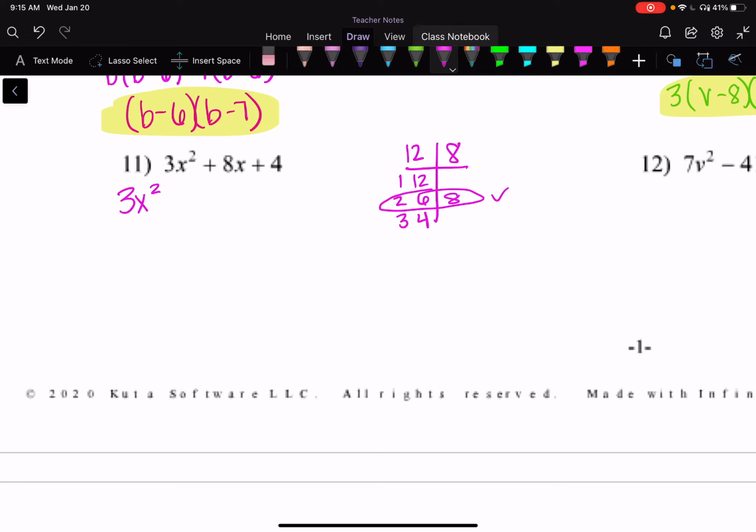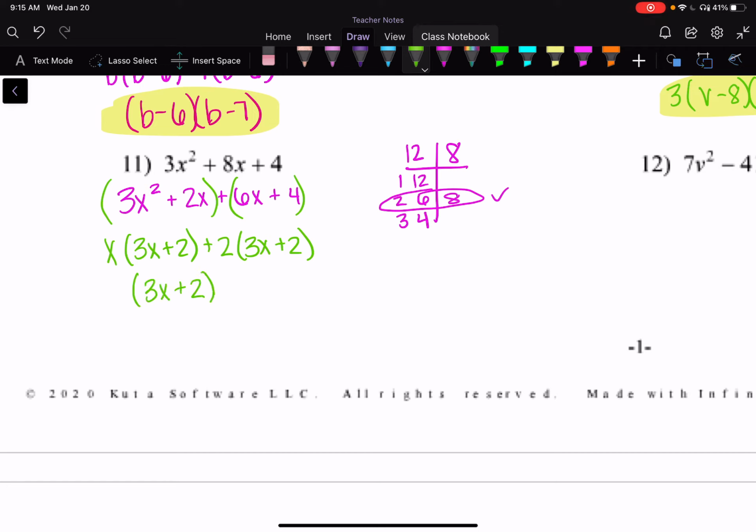3x squared, positive 2x, positive 6x, and plus 4. Group them together, take a GCF. My funny GCF is 3x plus 2, and that leaves me with x plus 2.